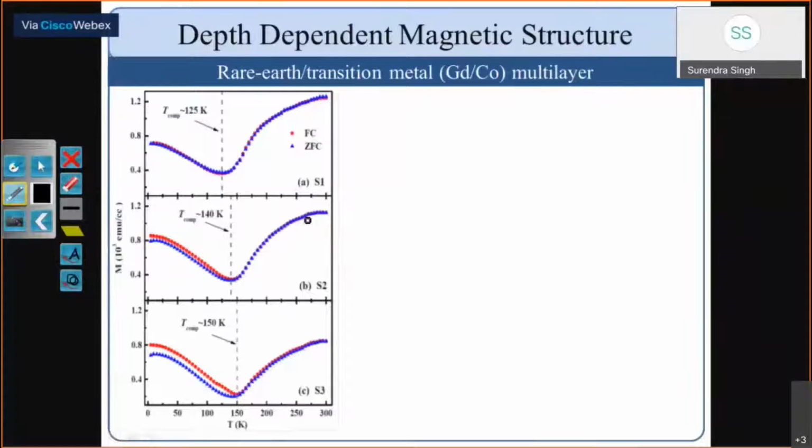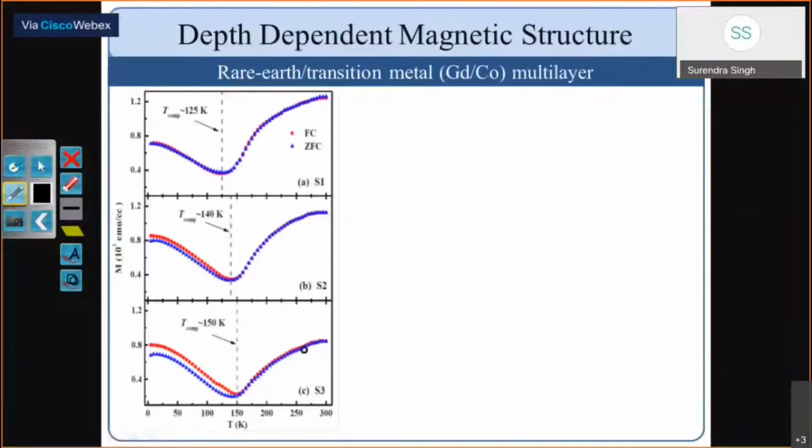Then we did temperature-dependent magnetization for S2, and you can see we found the compensation temperature a little higher, 140 K, compared to 125 K earlier. Below the compensation temperature we found splitting in the FC and ZFC, which clearly suggests some kind of process happening, resulting in this split.